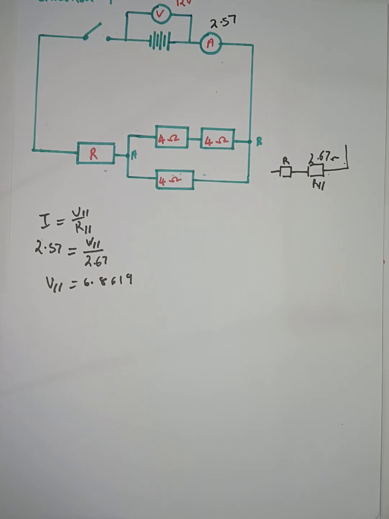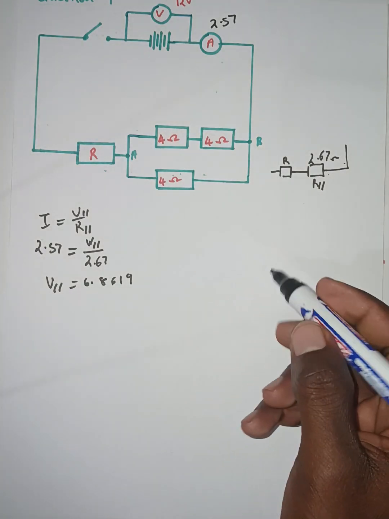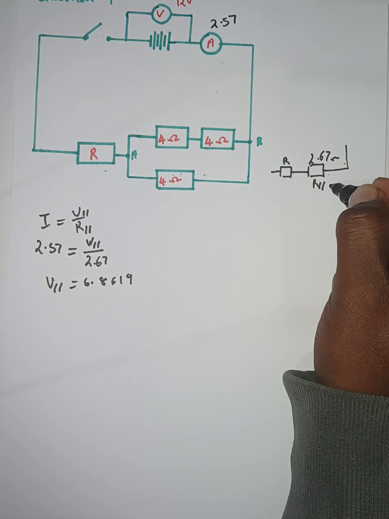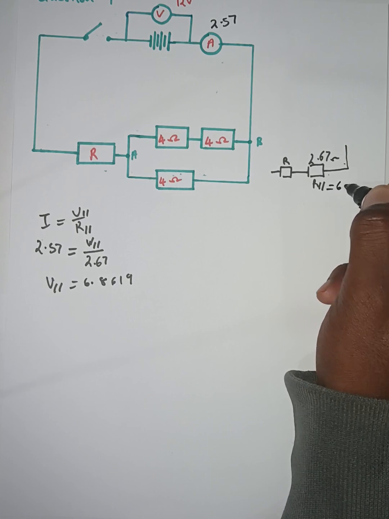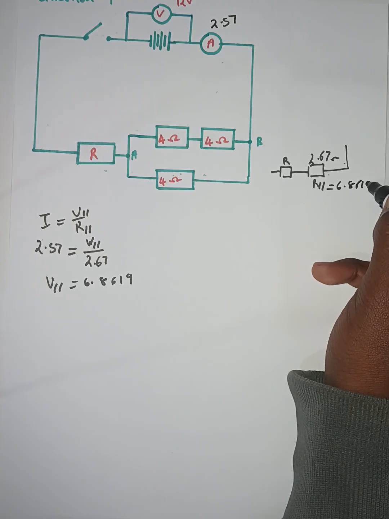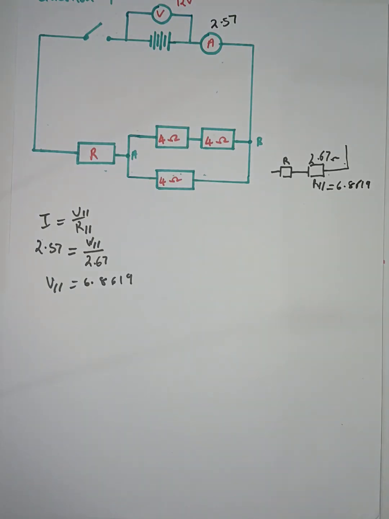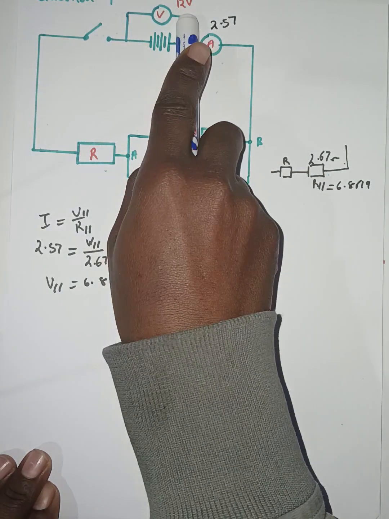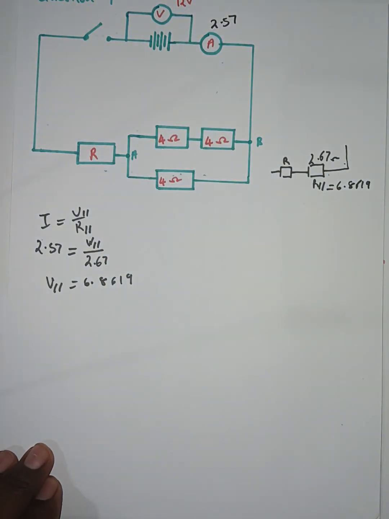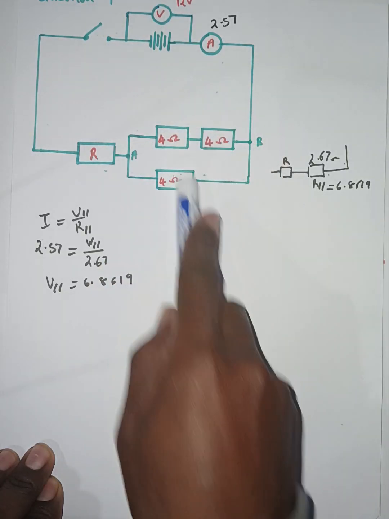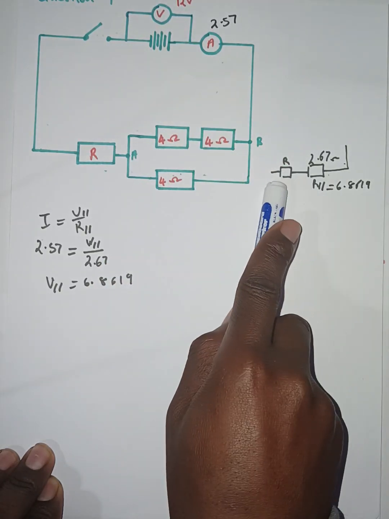So I know the voltage across this R parallel to be 6.8619. Now remember that the voltage supplied by our battery was 12 volts. That 12 volts would be distributed across our parallel combination and that unknown resistor.